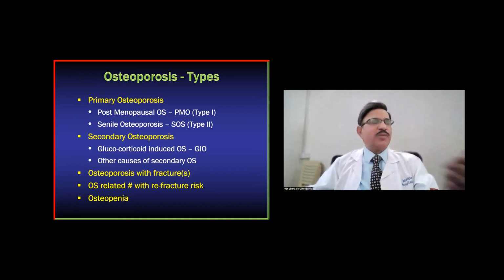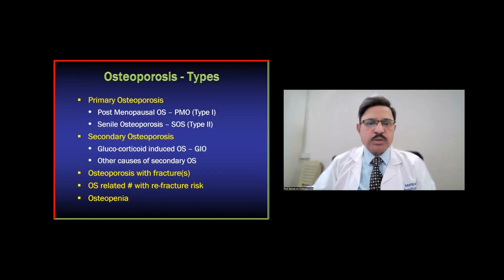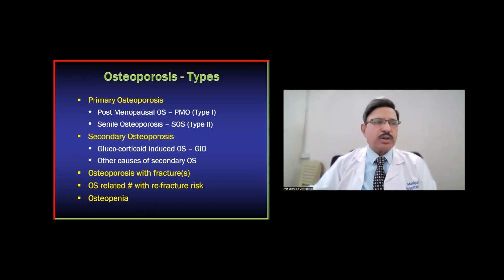Osteoporosis is related to refracture risk, and osteopenia means low bone density, not yet osteoporosis. Primary osteoporosis, secondary osteoporosis; primary again postmenopausal and senile, PMO, SOS, type 1, type 2; GIO, glucocorticoid-induced osteoporosis, other causes of secondary osteoporosis.